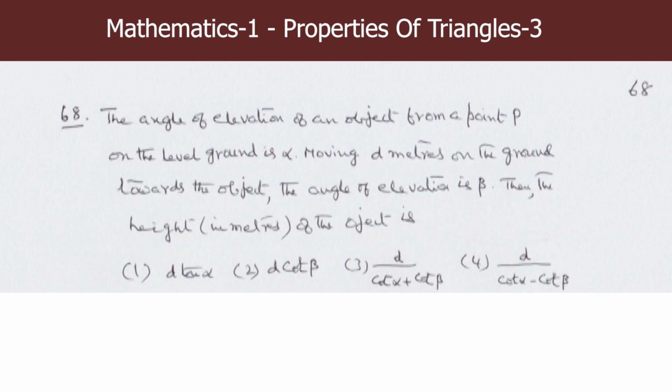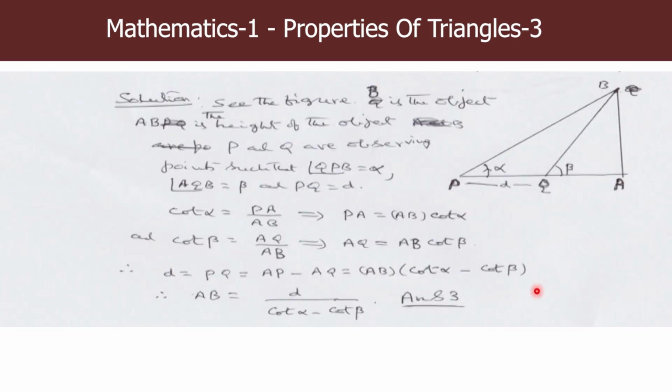Then find the height in meters of the object. So here from position P, he moves towards the object. That point you take as Q, and angle AQB is equal to beta, and angle QPA is equal to alpha, and the height of the object is AB.